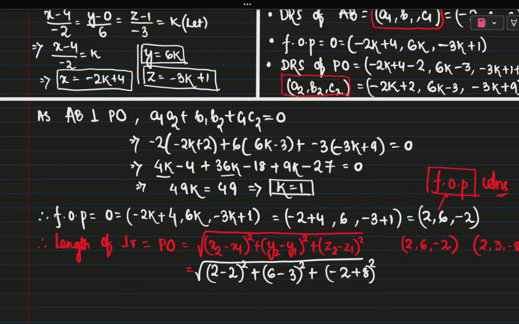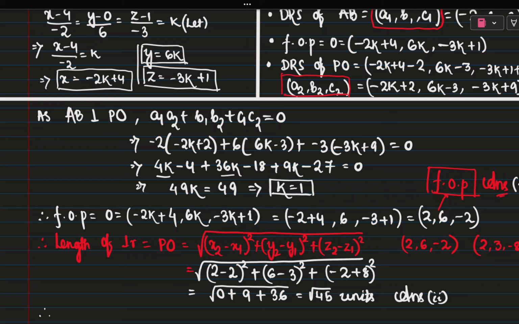The first one becomes 0, the second becomes 3 squared, 9, the third becomes 6 squared, 36, under the square root. How much am I getting? Root 45 units. Root 45 units is the length of the perpendicular. So this is answer part 2. I can say this is answer part 1, and answer part 2.